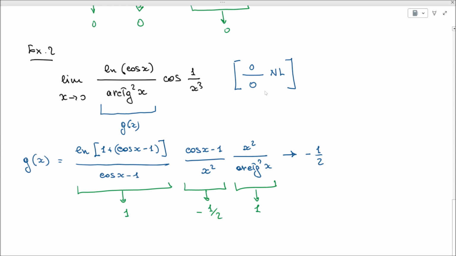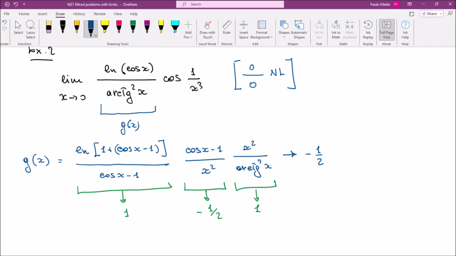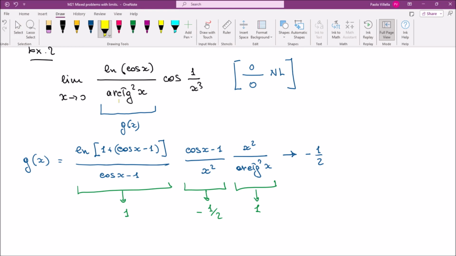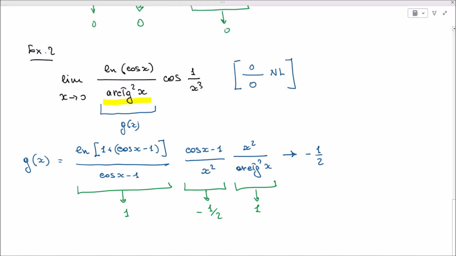So we can now get an intuition about what is happening, because we have this element g of x, this part of the limit that will tend to minus 1 over 2, and this part of the limit that will be oscillating between minus 1 and 1.